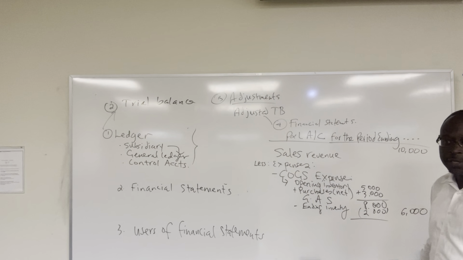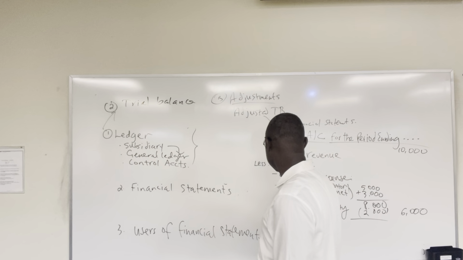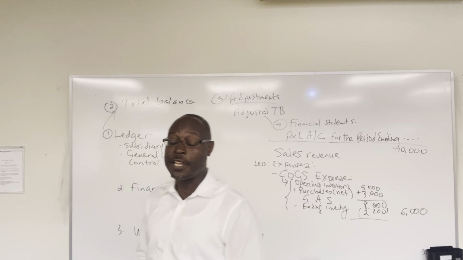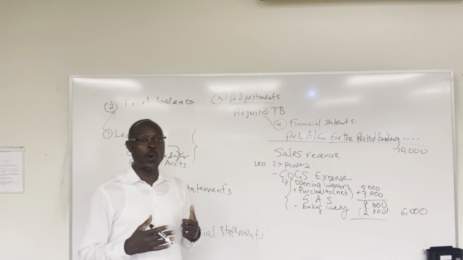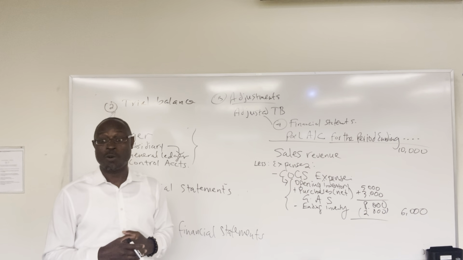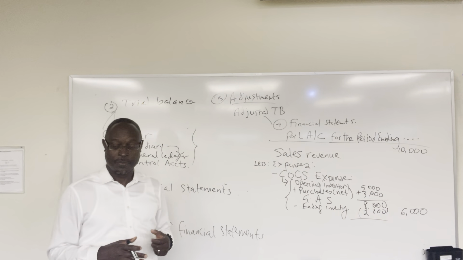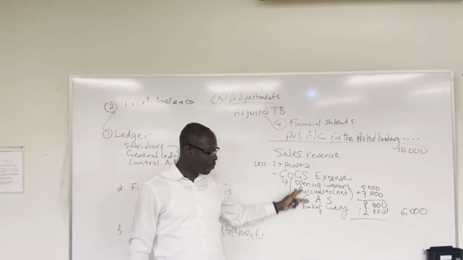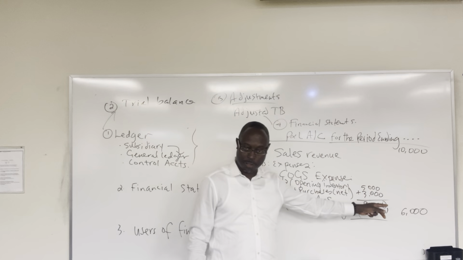Does that make sense? You need to memorize this. If you don't like memorization, there is a logical way to understand every accounting analysis. And I'll teach you that in the next lecture. This, if you memorize it, it will always help you to calculate the cost of goods sold.